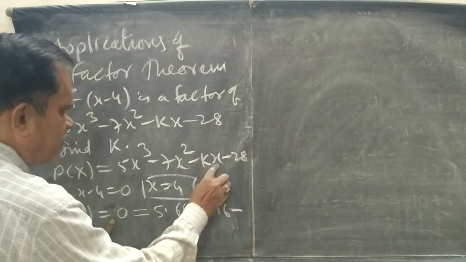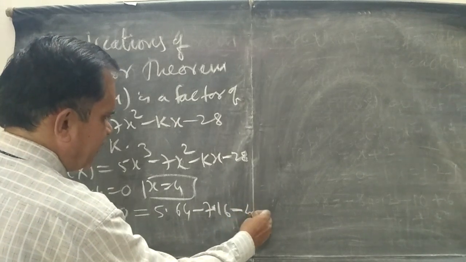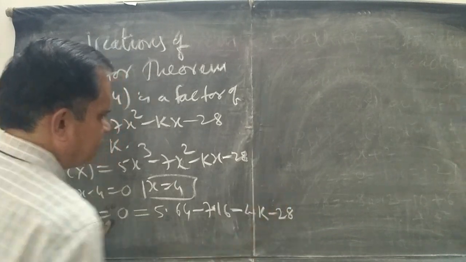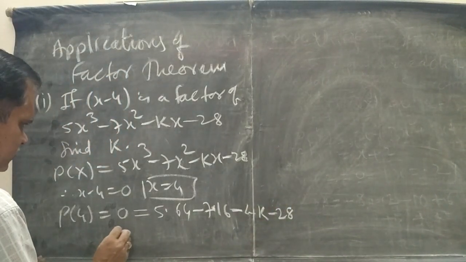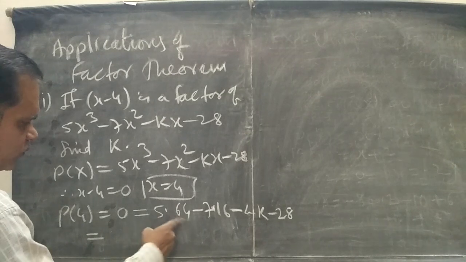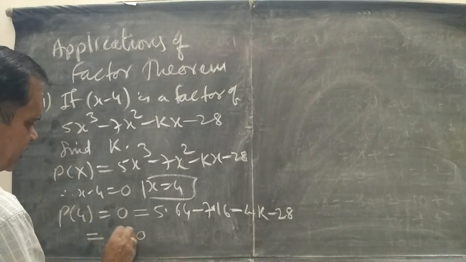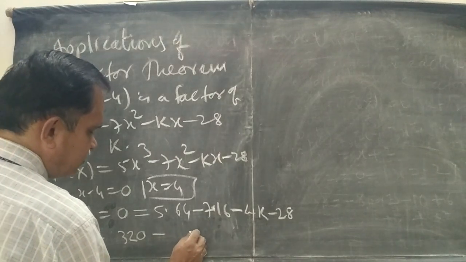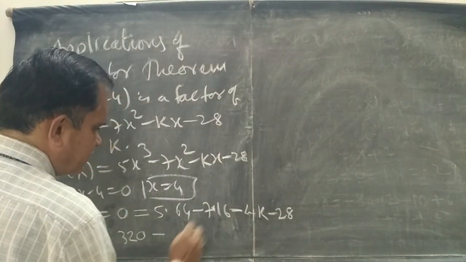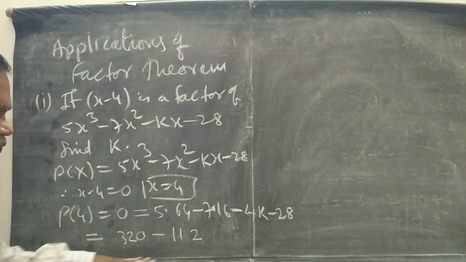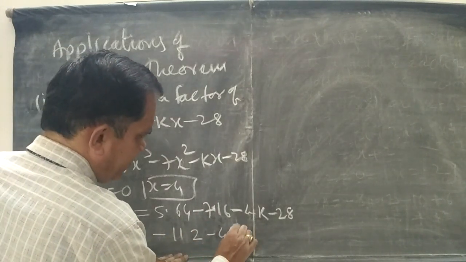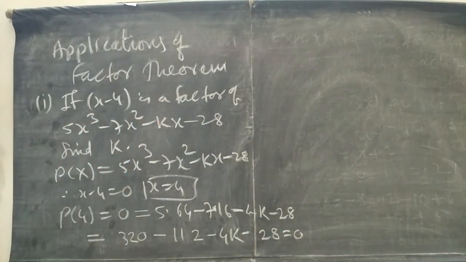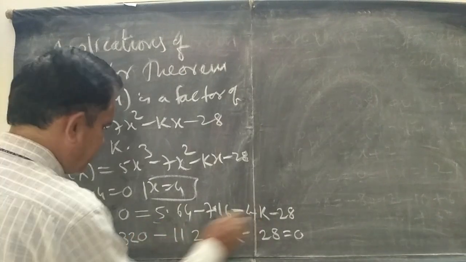Minus k, 4 into k, minus 4k, minus 28. 5 times 64 is 320, minus 7 times 16 is 112, minus 4k, minus 28, equal to 0. We got this because the complete expression is given equal to 0.